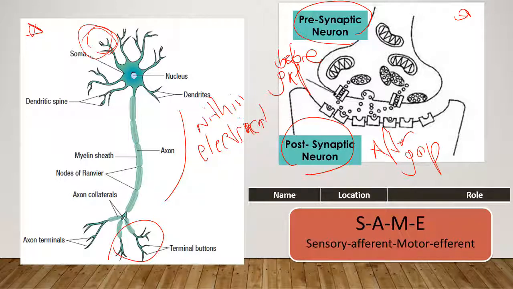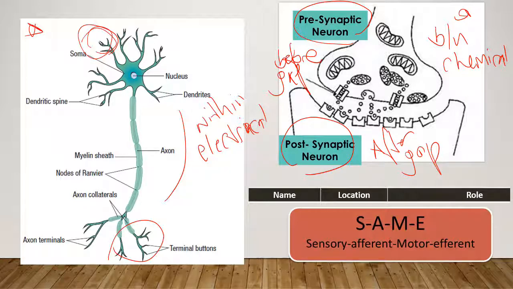And you should also know how information travels between neurons, so from the terminal buttons or the axon terminals of the presynaptic neuron to the dendritic spine of the postsynaptic neuron. That is between neurons, and that's a chemical message.